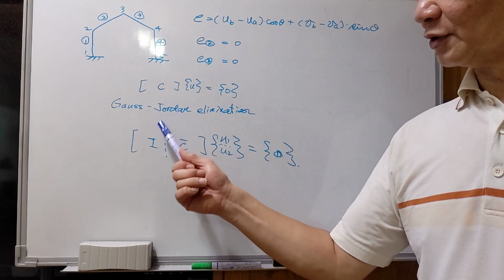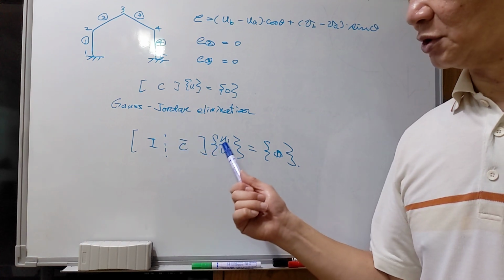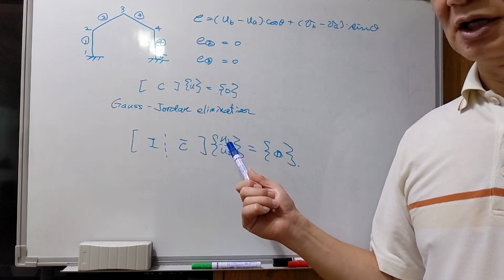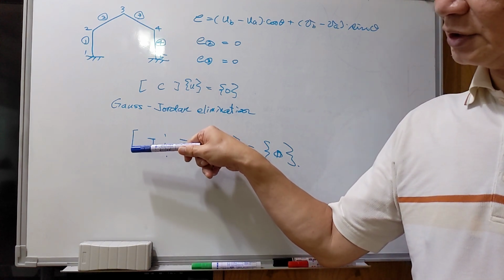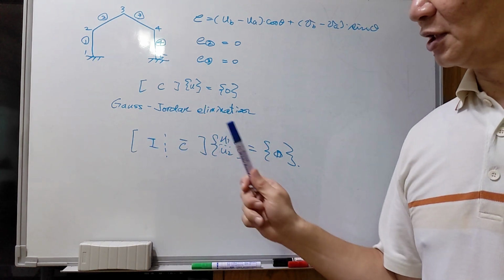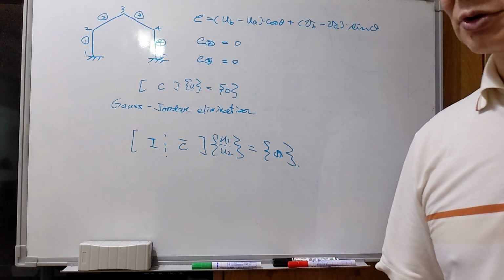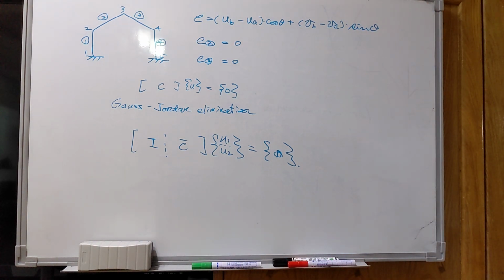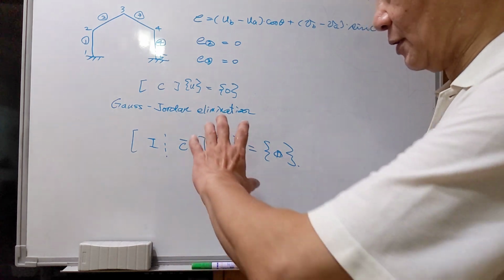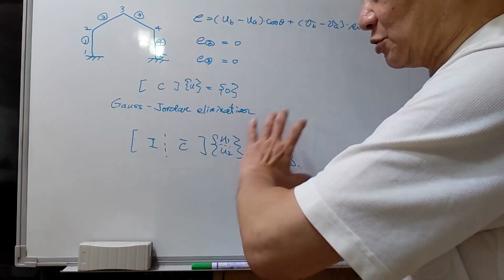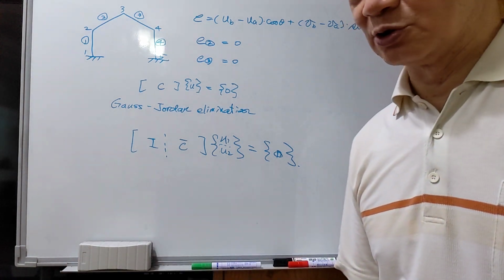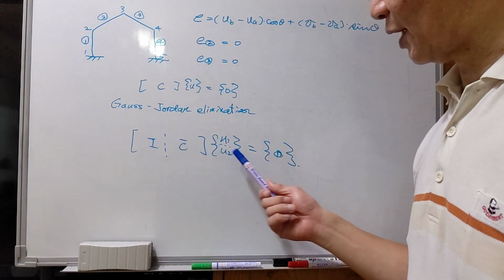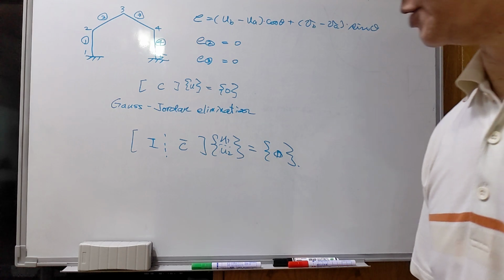So whenever you do a column change, you also need to swap the nodal displacements. But if you do a row change, you don't need to change the sequence of the nodal displacements. Okay, so you need to know how to do the Gauss-Jordan elimination to get a matrix like this one.